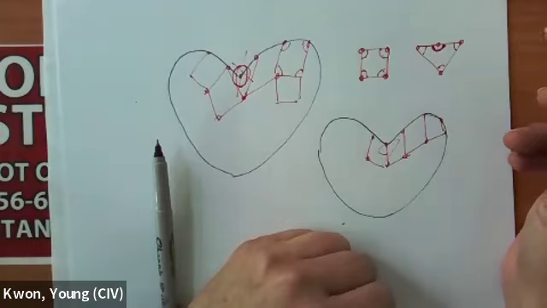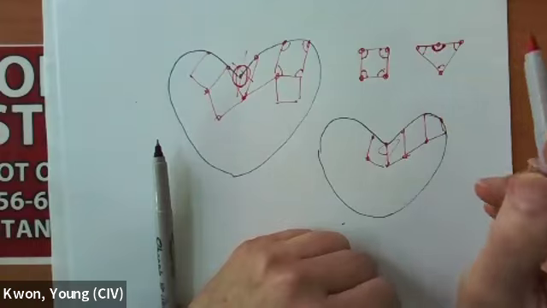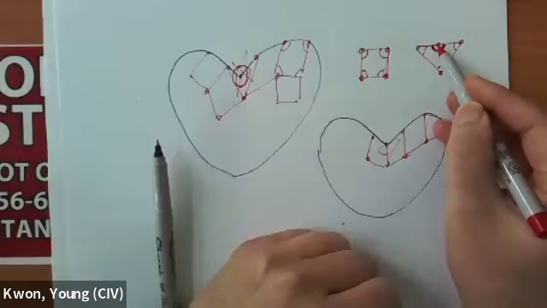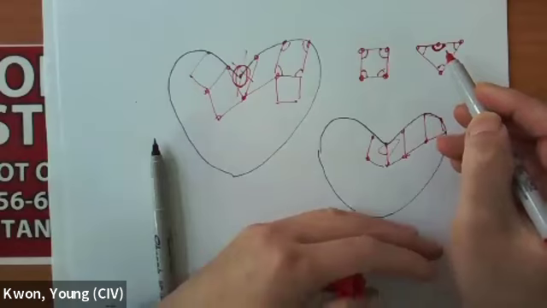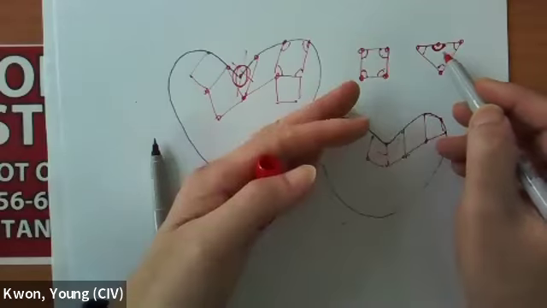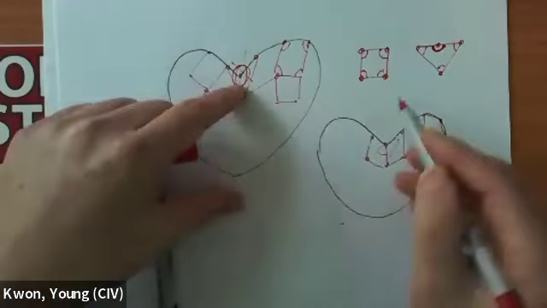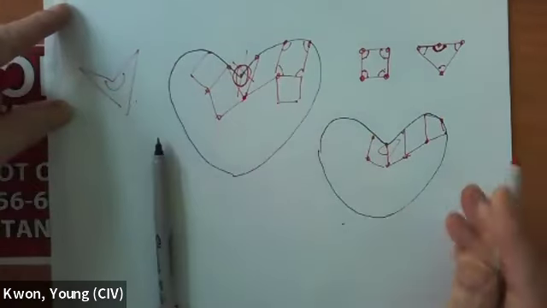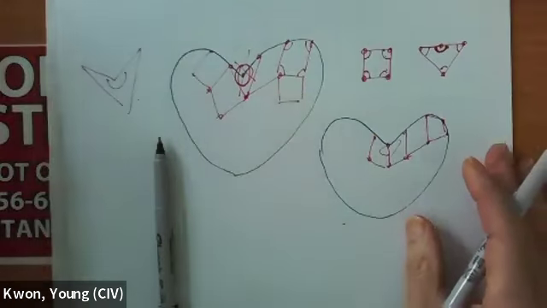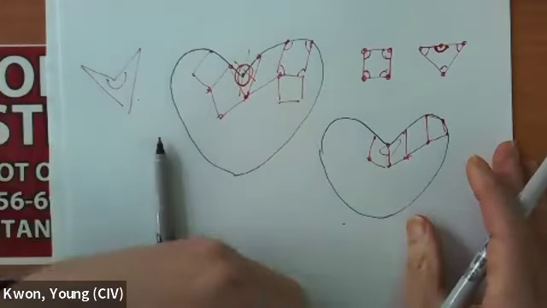Straight line means 180 degree, right? So the extreme case is going to be 180 degree, that's it. If larger than 180 degree, like this one, then you got a problem with the Jacobian matrix.